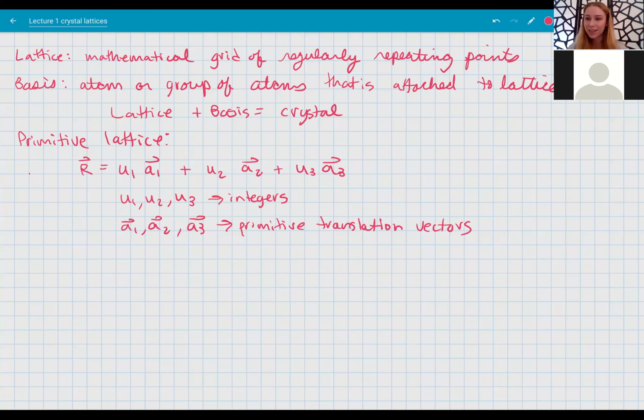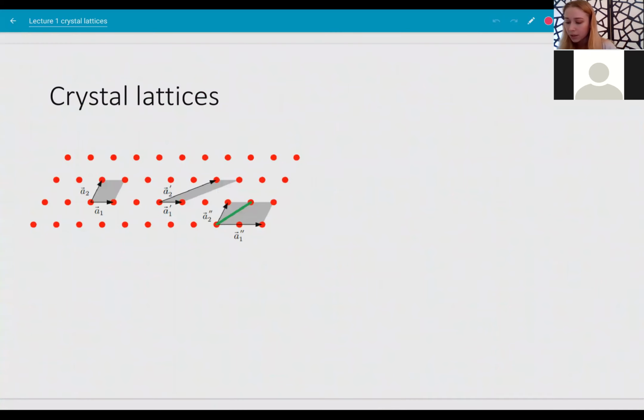And this is a lot clearer in pictorial form as opposed to verbally. So let me show a picture of that. Here are a couple of examples, two of which feature primitive translation vectors and one which does not. Okay, so the red points comprise a grid.